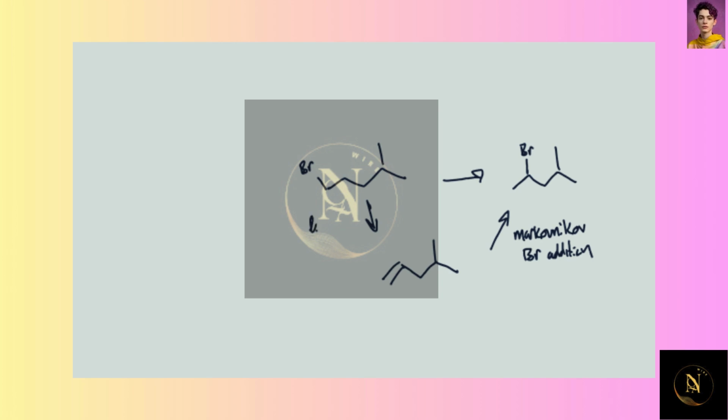So that's elimination, followed by addition of bromine in a Markovnikov fashion. So the question then becomes, what reagents can accomplish elimination, followed by, in the second case, addition of bromine in a Markovnikov fashion?